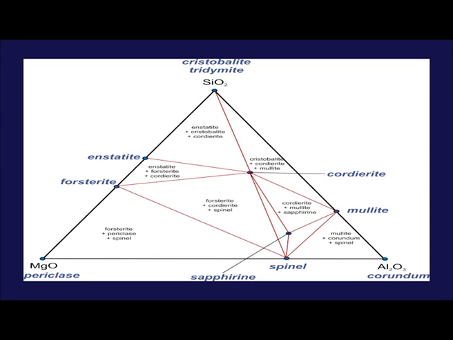Such a diagram is a projection from the H2O corner onto the anhydrous base SiO2, Al2O3, MgO, FeO plane of the tetrahedron. MgO, Al2O3, SiO2, H2O, Newton 1972.